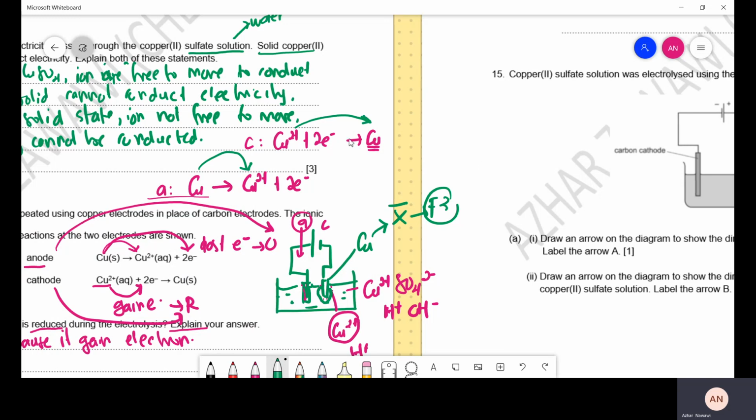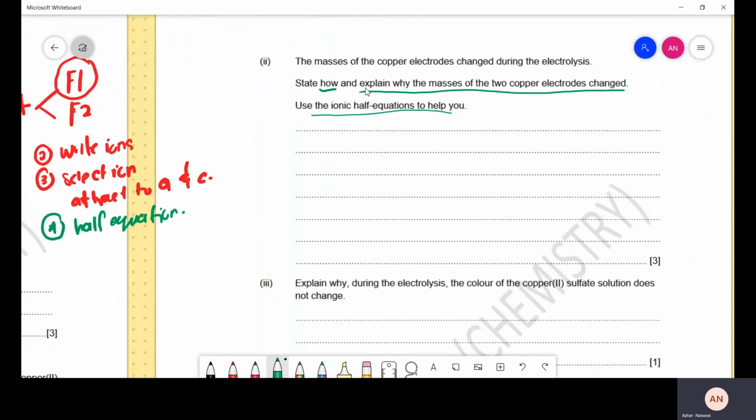So they ask you to explain how and explain why the mass changes. How means they increase or decrease. Why they increase or why they decrease. Use the half equations. So you do the half equation. Write down the anode. What happened at the anode?